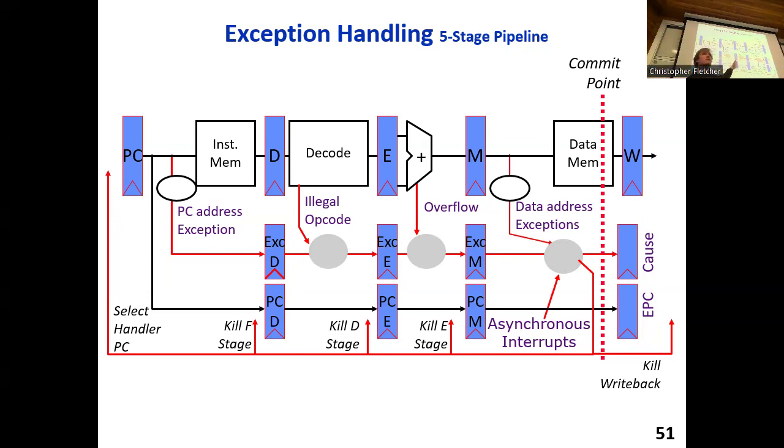And just to make this more painful from a security perspective, remember, this is a very simple pipeline. Normally, loads take hundreds of cycles to resolve, which means it's not 5 instructions which are going to be in flight behind an instruction that signals that we should be handling an exception.